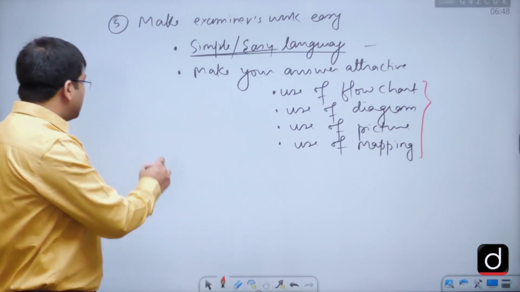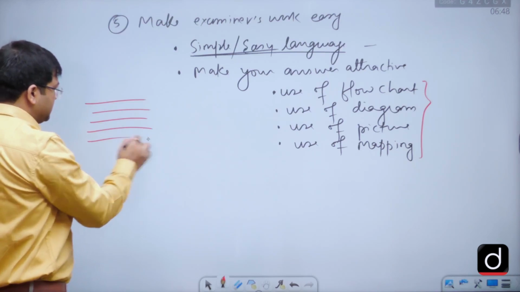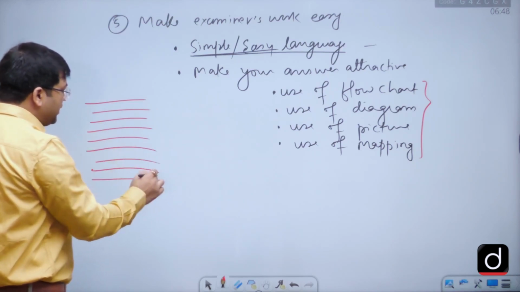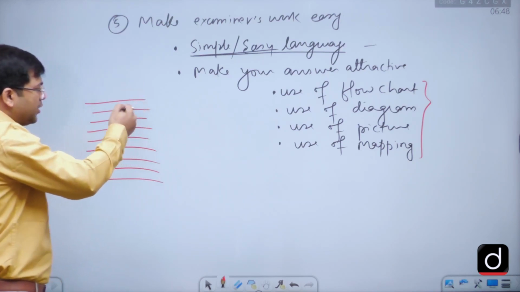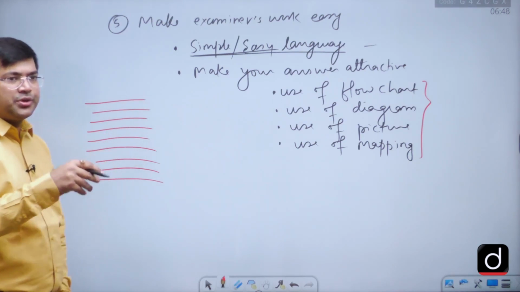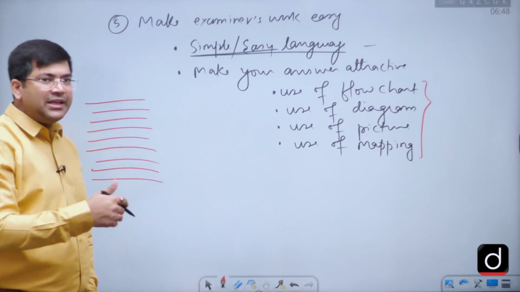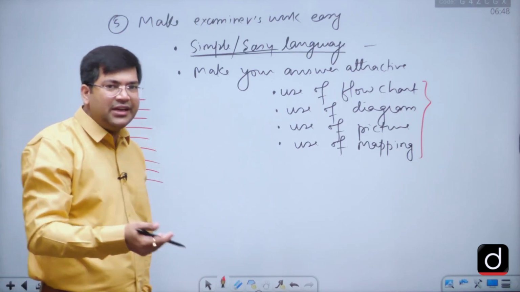Because suppose I'm writing something like this, that means the examiner will have to go by each and every word to understand the points, to get the points. And it is not an easy task to read the answers.